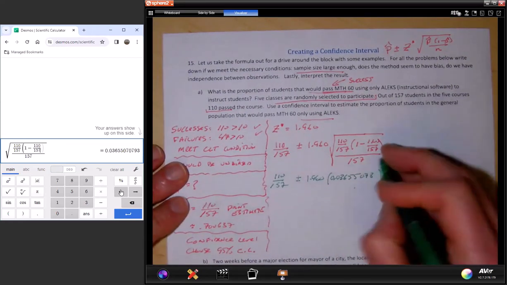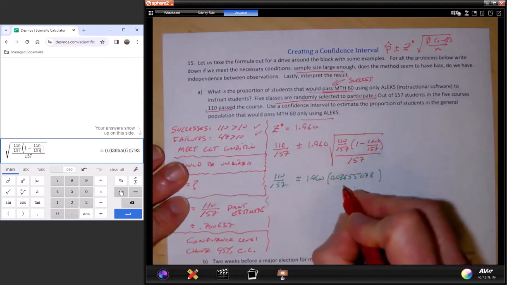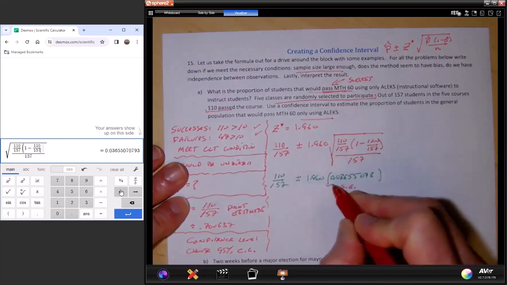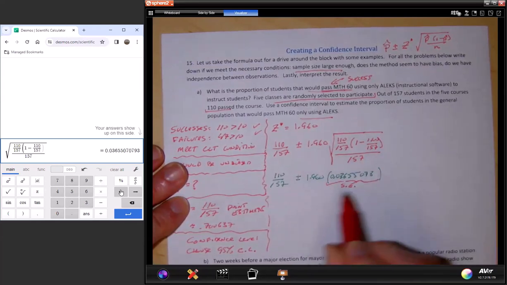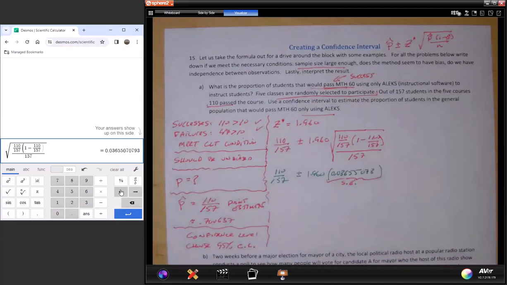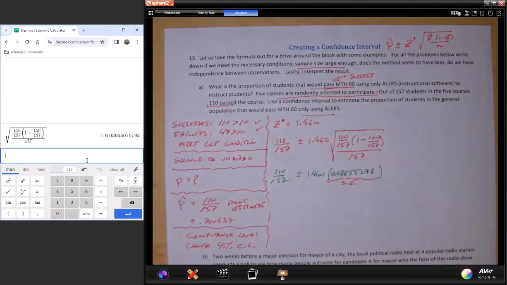And then what is that? So this is the standard error. This part. I'm going to just write it here. The standard error is this one part up here, just this little part. What is the margin of error? Well, these two together, the product, is the margin of error. So let me multiply that out now. I'll take the previous value times 1.96, and that gives me this value right here.